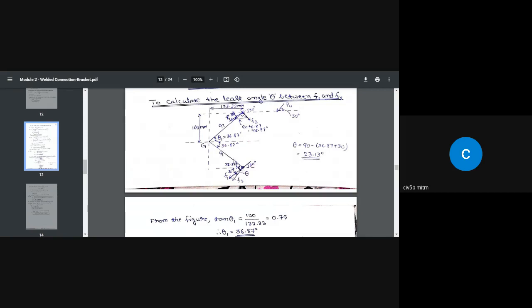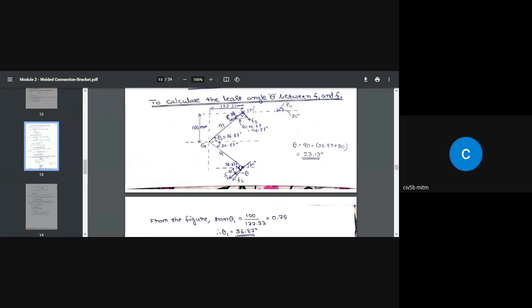We discussed this. So F2 should be acting in the clockwise direction as well. So this F2 is making an angle of 90° with respect to this line. So when this is 36.87, this should be 36.87° as well, because they are alternate angles.